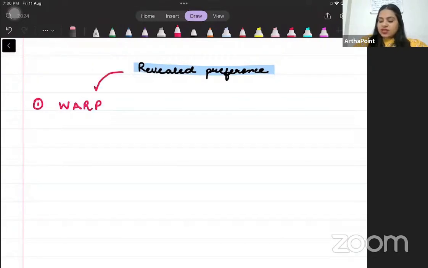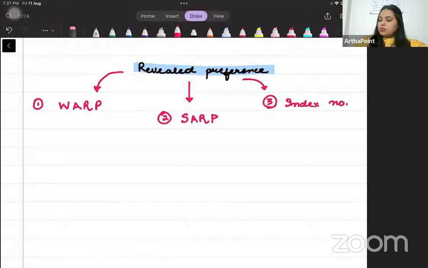So that's the first thing that we will be focusing on. The second thing is called SARP. And the third thing is index numbers. So these are the three things that you should be focusing on.